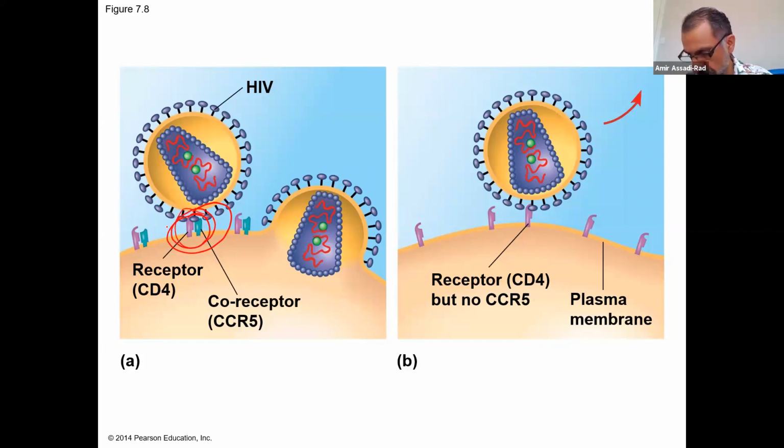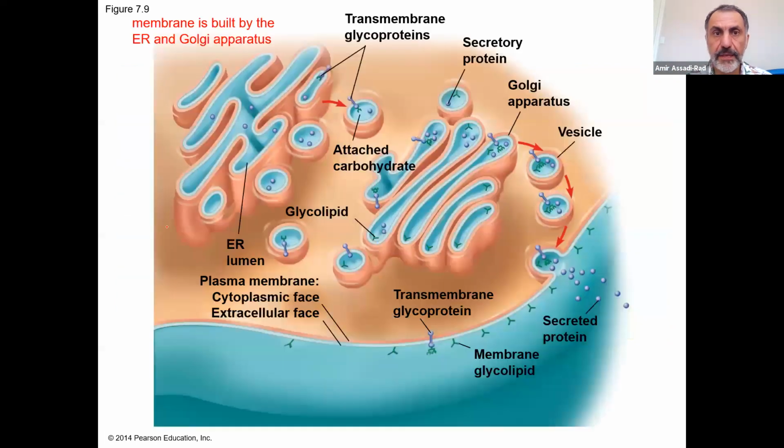As I said, of all the 200 some odd different types of cells we have in our body, the receptors on them are different. Just like this cell and that cell, they're different. The white receptor is different than the yellow and so on on this cell. Here is a white blood cell, here is a liver cell. They have different receptors.